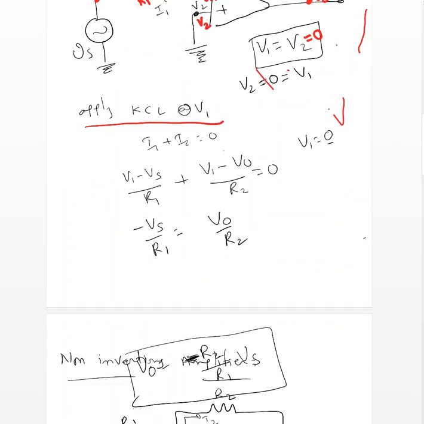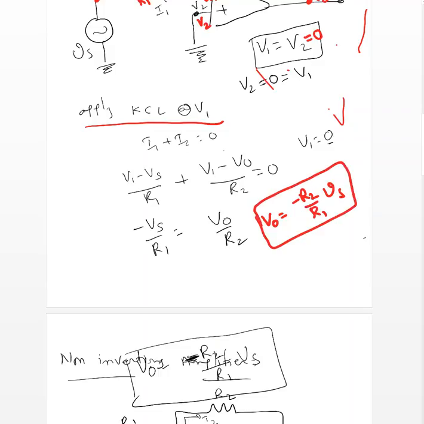After simplifying this, we end up with minus Vs over R1 equal to V0 over R2. So V0 equal to minus R2 over R1 times Vs. This is our output value.